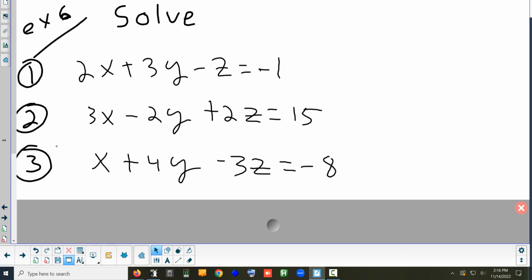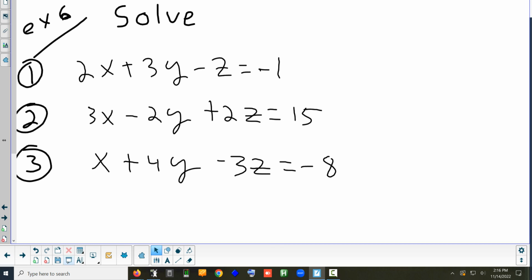What I would look for is an equation that has a variable without a number in front of it. That's going to be the easiest one to use. Is there an equation here that doesn't have a number in front of it except for a 1? A 1 is open. Yes. So we definitely want to use equation 3.